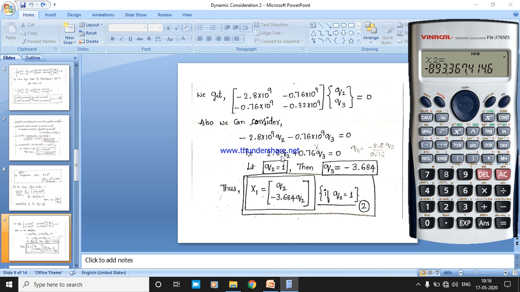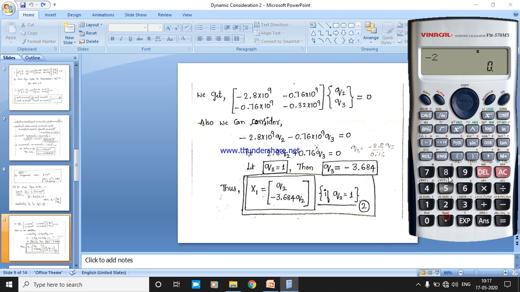So here if I take q2 as 1, what will I get? This 2.8 I will take to the other side, it becomes minus 2.8 into q2, q2 is 1, divided by 0.76.